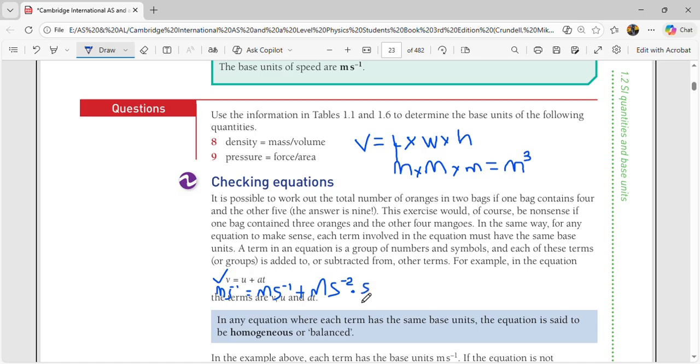So the term on the left is meters per second, equal to meters per second for initial velocity, because this is final velocity and this is initial velocity, plus acceleration times time.